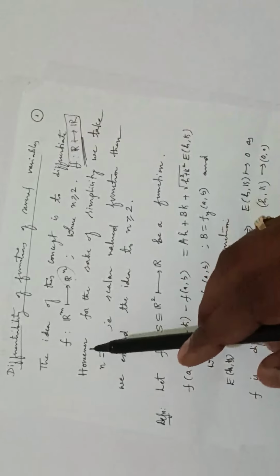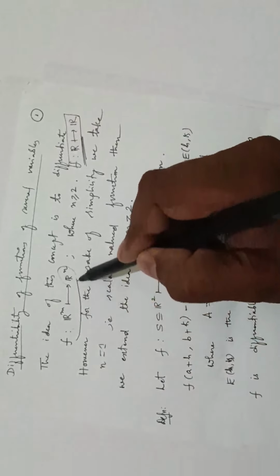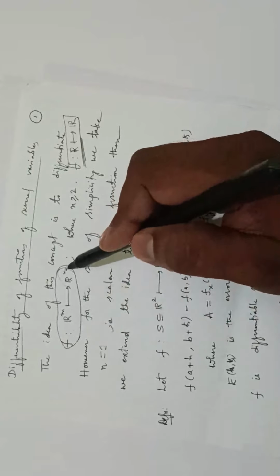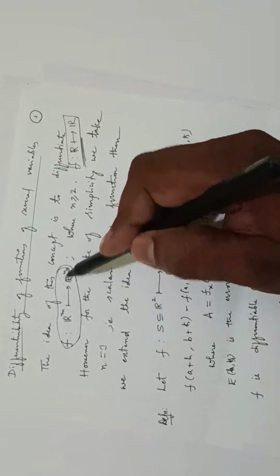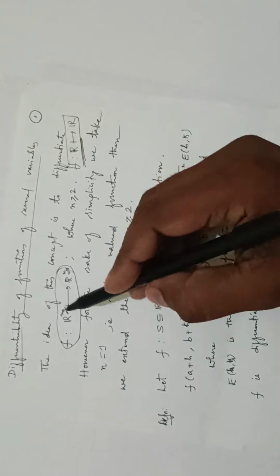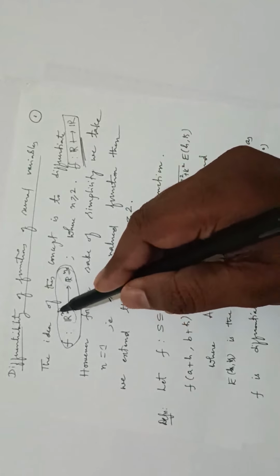functions of real variable. However, in order to visualize these functions of several variables, first we will restrict ourselves to n equals 1, whereas m can be any integer. In fact, strictly speaking, we consider m equals 2 and n equals 1.